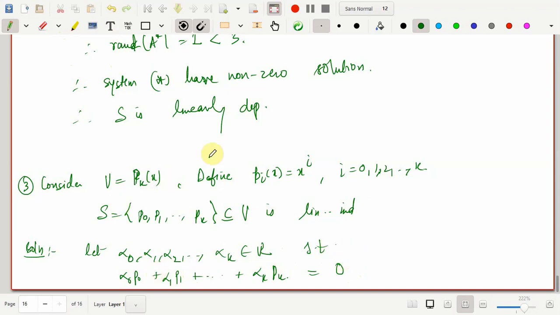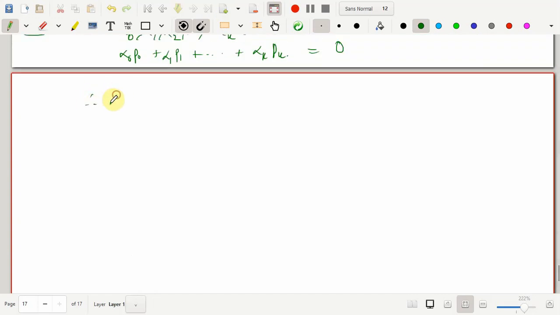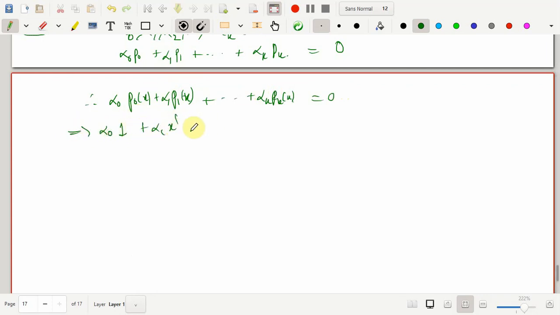I mean, that's the definition, right? Therefore we should have alpha naught p naught of x plus alpha 1 p1 of x, where x is simply the variable, equal to 0, which means alpha naught, this is nothing but 1, plus alpha 1 x raised to 1, and this goes on till alpha k x raised to k is equal to 0.